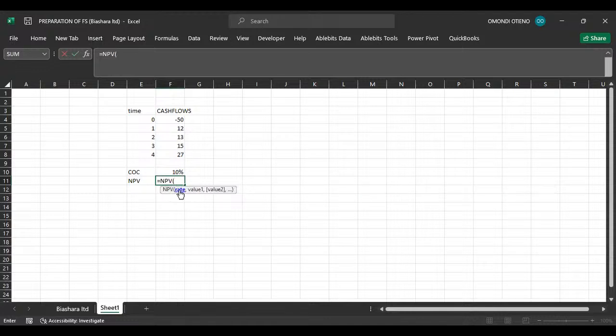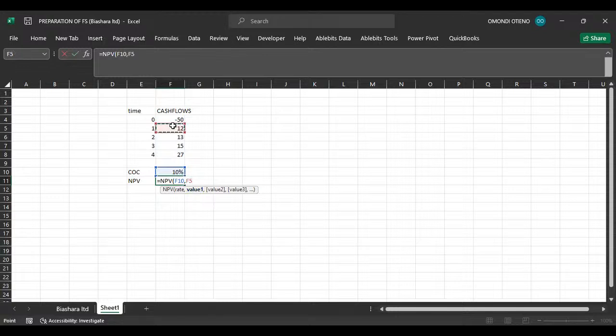You see, once he has written NPV there, you can see Excel is asking him, what rate do you want to use? So the rate there is 10%. You pick 10%. And then you say comma. You can see it is asking you to pick from value 1, not from value 0. So go to the first cash flow there, which is 12.